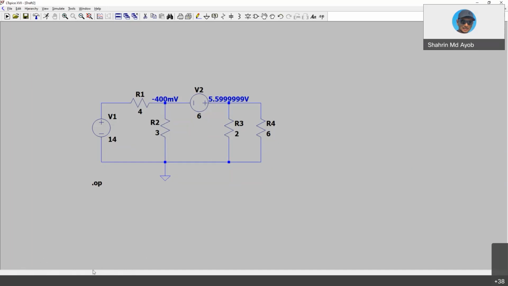If I place my icon here, it will give you the result that the power dissipation is around 53.33 milliwatts, and the current that flows inside R2 is 133.3 milliamperes. Same case goes for R4, for example. For R4, the power dissipation is 5.2 something.